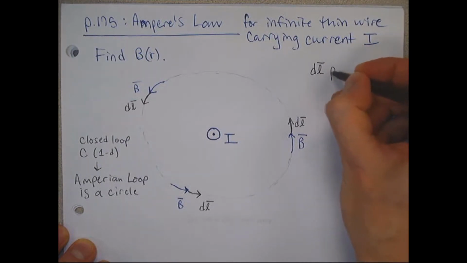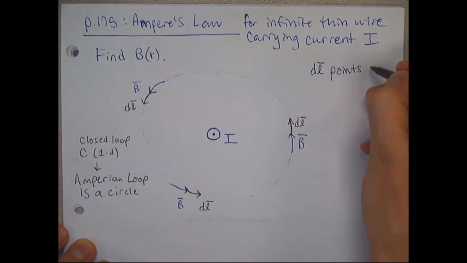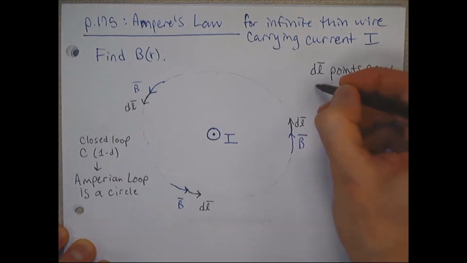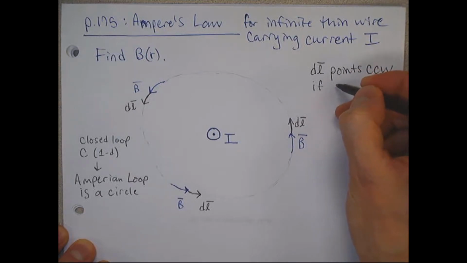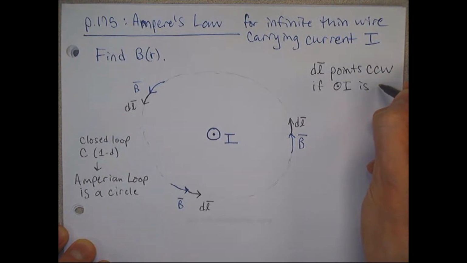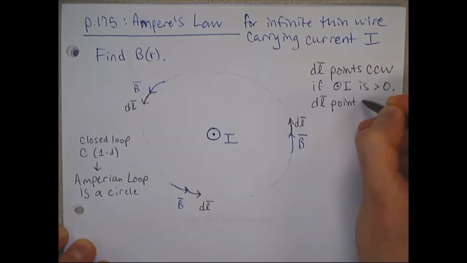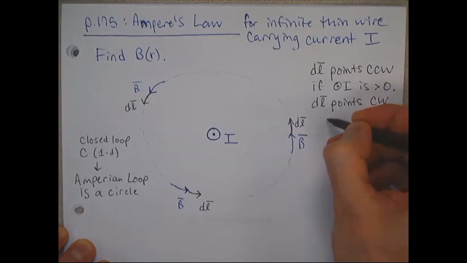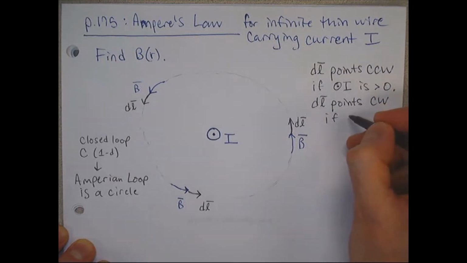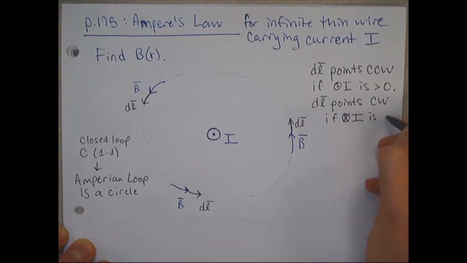Your dl points counterclockwise if out of the page current is positive. And your dl points clockwise if into the page current is positive.